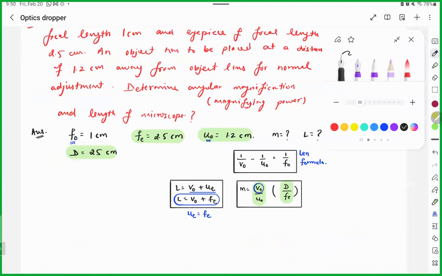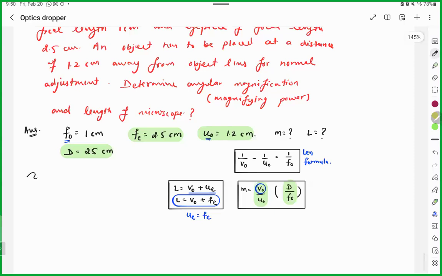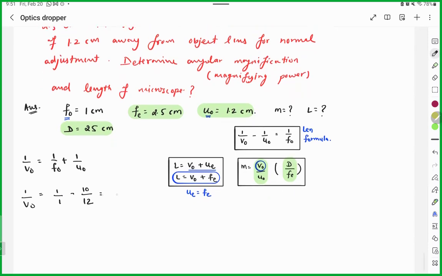So V naught value is 6. 1 by V naught is equal to 1 by F naught minus 1 by U naught. What is the focal length? 1. And U naught is minus 1.2. So if you take LCM, it will be 12. 12 minus 10, 2 by 12, 1 by 6. So V naught value will be 6 centimeter.